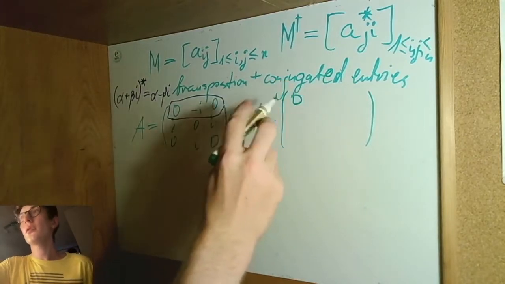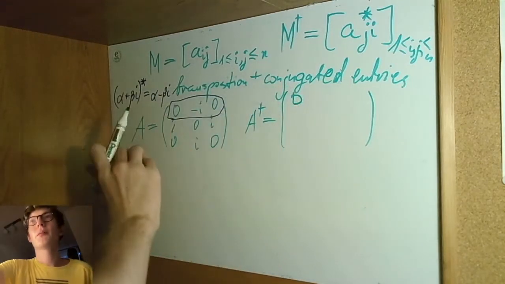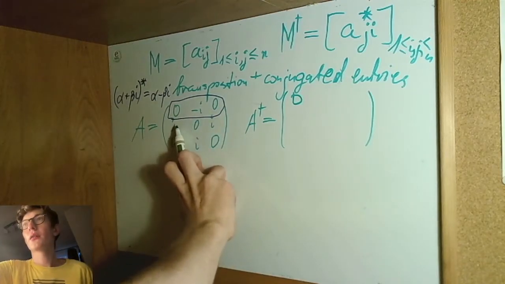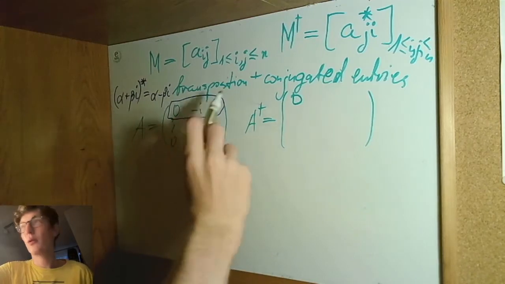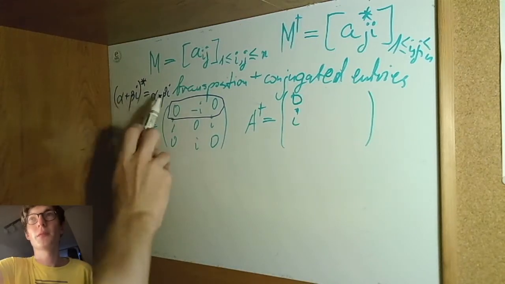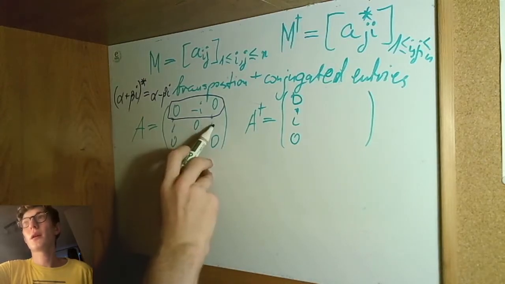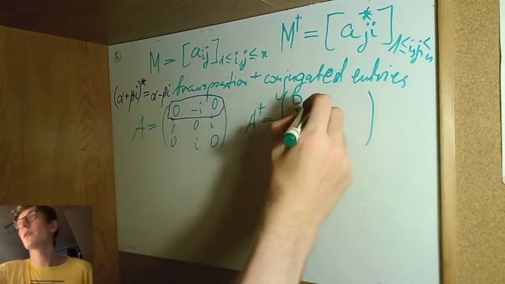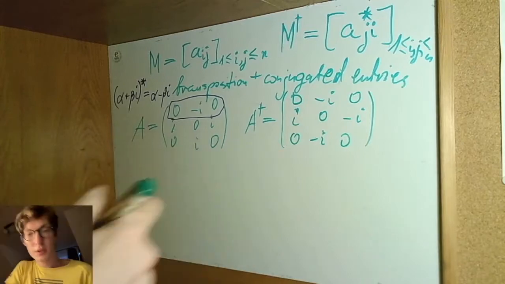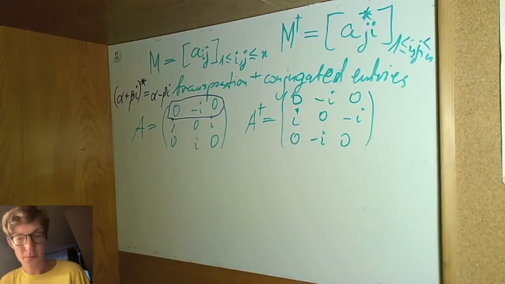So it's 0, and also we conjugate these entries. So 0 conjugated is just 0, right? Because it has only this real part, which doesn't change. But minus i conjugated becomes just i, right? Because there is this minus sign before the imaginary part, and 0 is 0. Okay, and we take a second row and make it a second column. So it's minus i, 0, minus i. And here the same, 0, minus i, 0, right? And that's the answer to the first question of this problem.